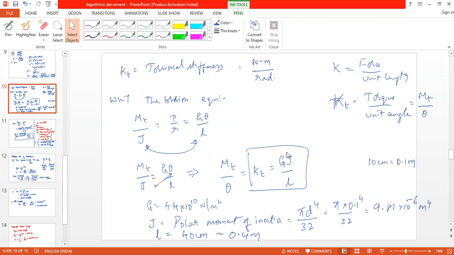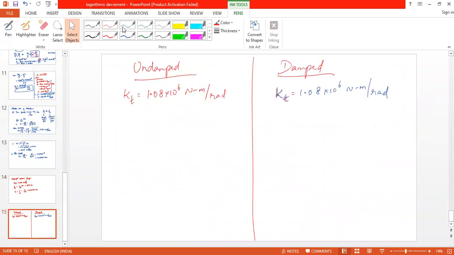It is the modulus of rigidity. It is the property of the material, right? And J is the polar moment of inertia. It is dependent on the cross-sectional area or the diameter of the wire. And L is the length of the wire or the shaft. So the value of Kt is same for both undamped and damped case.